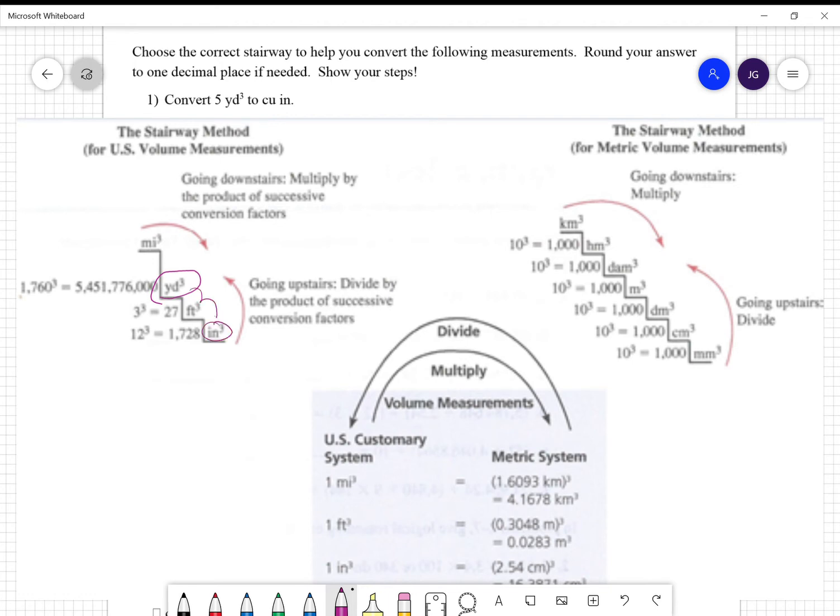So I'm going to take 5, I'm going down, so I'm going to multiply by 27 and 1,728. That gives 233,280 cubic inches.